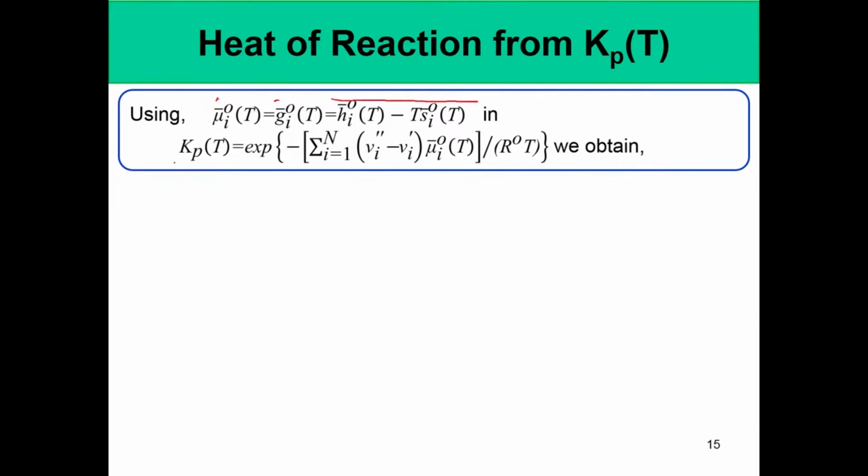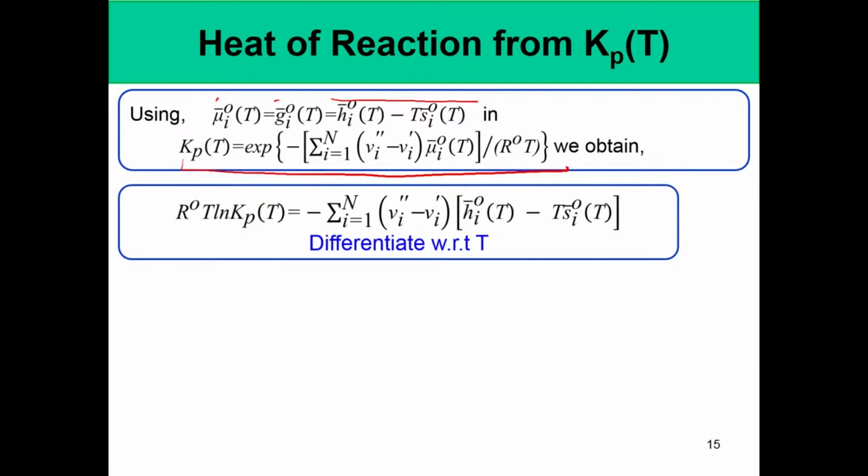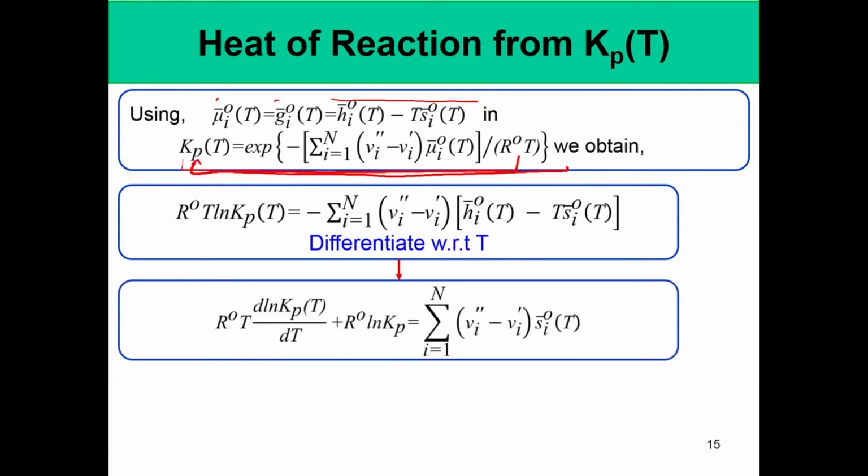And of course, this is our relationship for the equilibrium constant. We take this on this side and differentiate with T at constant pressure, and we will see that the derivatives of dHi and dSi drop out and only this will remain.